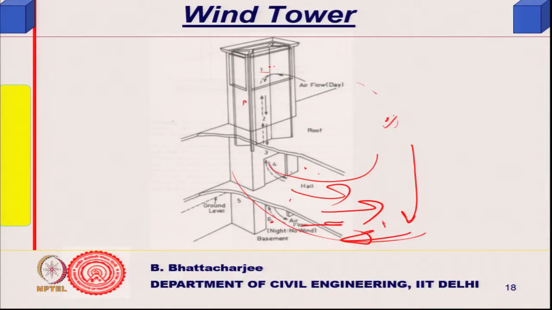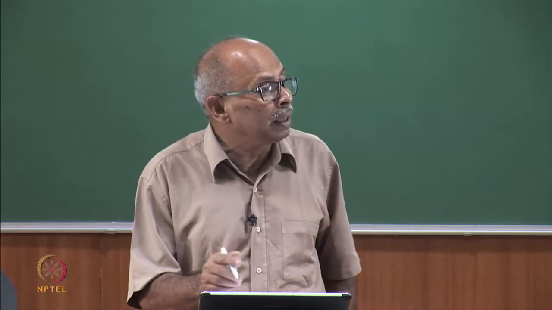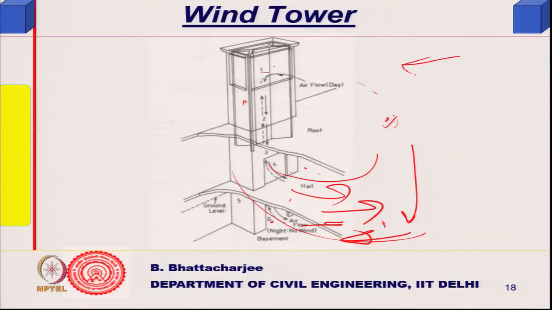If there is a wind, it will depend on the windward direction, where the pressure tends to change. Supposing this is the wind direction, this will disturb the whole flow, because there are four openings here, there is no opening here, and there is some opening there. Now if the windward direction is this, it will push. So it will add during daytime, but at night it will actually oppose the movement.